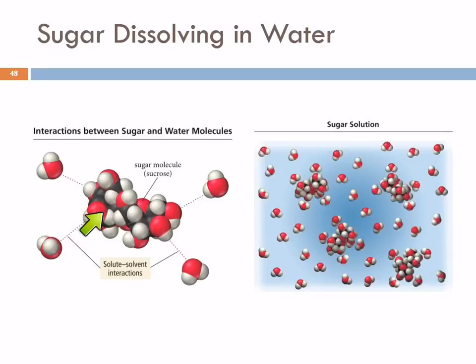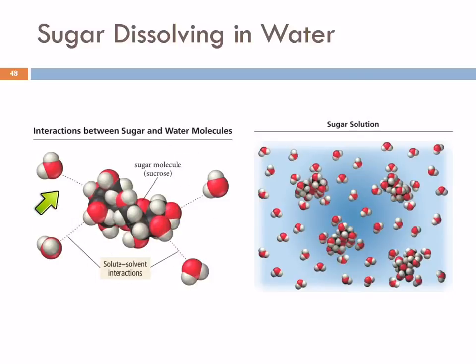Here we have a space-filling model of sugar, sucrose, table sugar. And we see that the sugar molecule also has a lot of hydrogens and oxygens on it. And there is a charge imbalance in these bonds as well. And so we do get some attraction between the negative end of water and a slightly positive charge on the hydrogen, and vice versa, the positive end of the water and the slightly negative end of the oxygen.